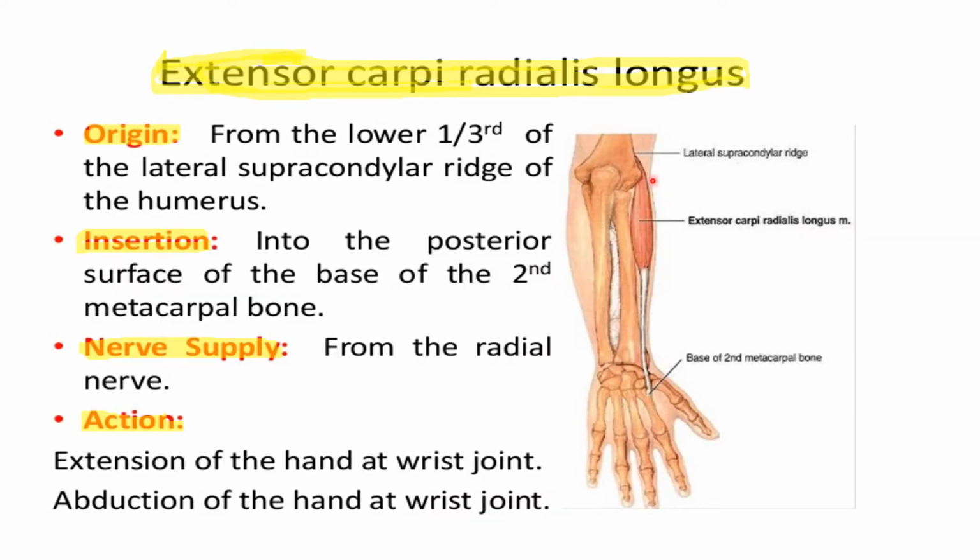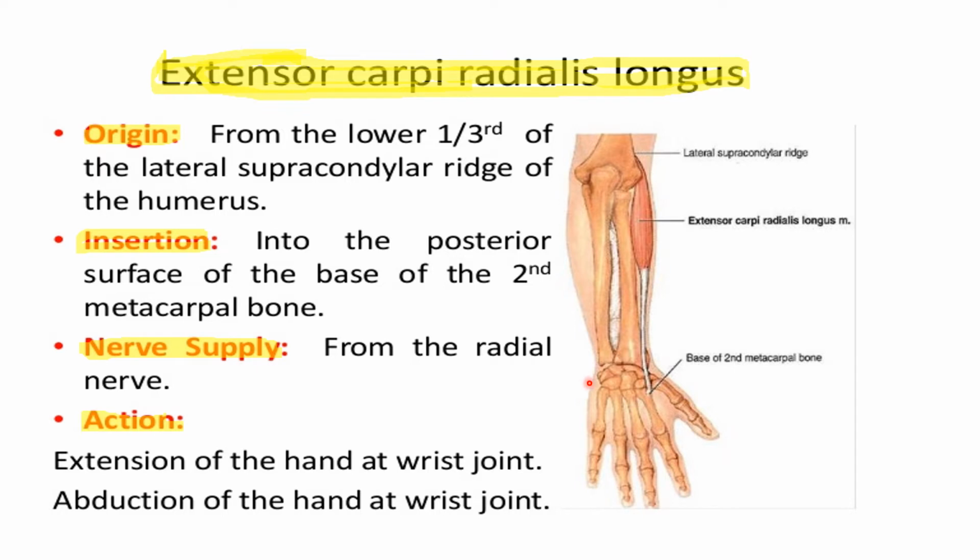Extensor carpi radialis longus is a fusiform muscle. It is partially overlapped by the brachioradialis. It originates from the lower one-third of the supracondylar ridge of the humerus, and inserts into the posterior surface of the base of the second metacarpal bone.